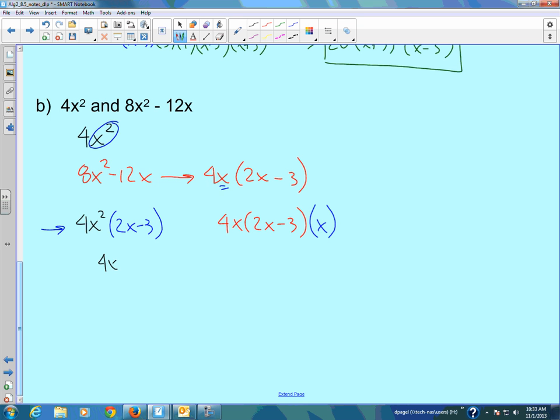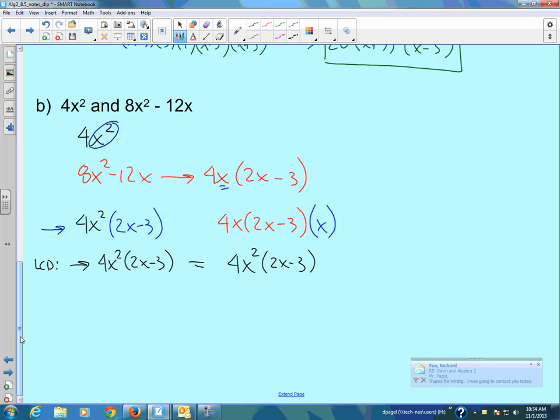We have 4x squared times (2x minus 3), and it looks the same thing as if we were to do 4x times x, or 4x squared times (2x minus 3), and so this then is my LCD: 4x squared times (2x minus 3). Just find the pieces that are different about them. Make the two expressions look the same by multiplying the individual expressions by those missing parts. So there's our LCD for that one.